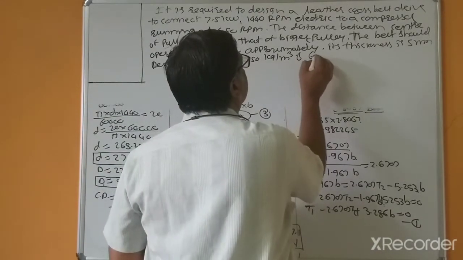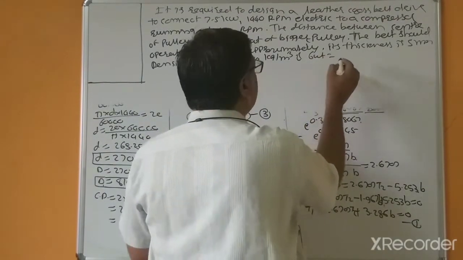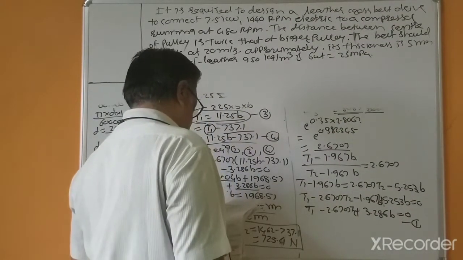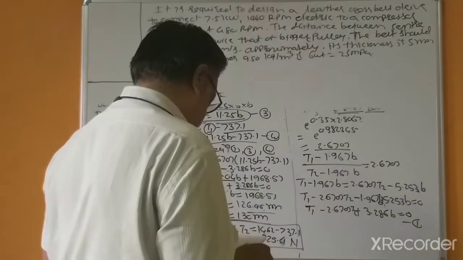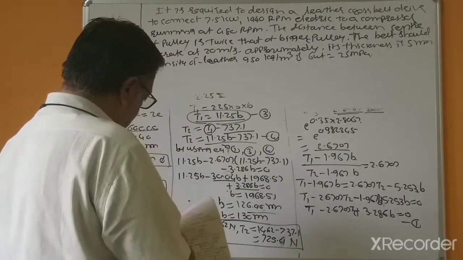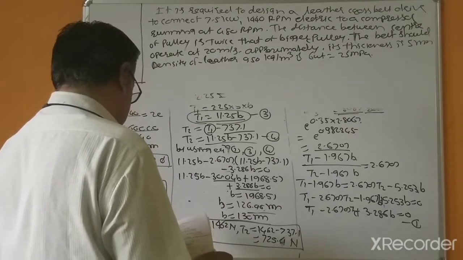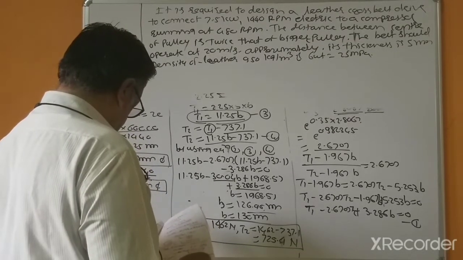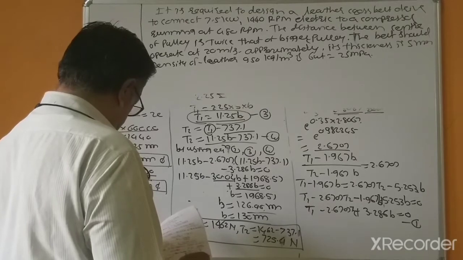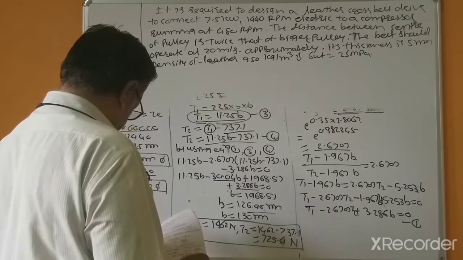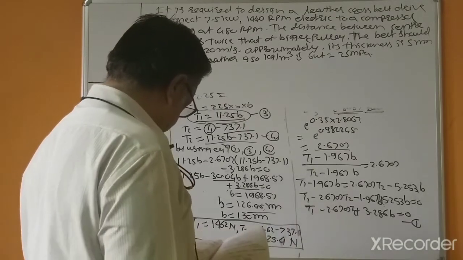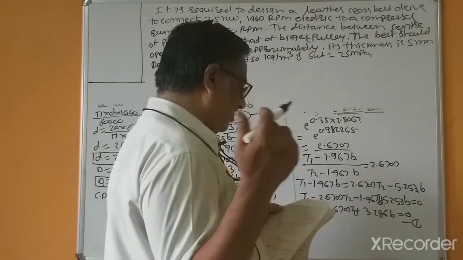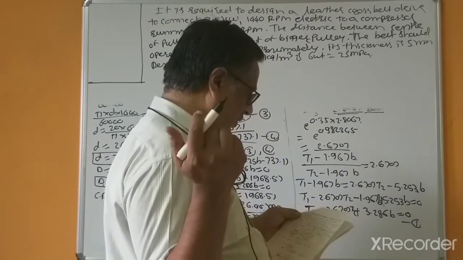And sigma ut is given as 25 megapascal. In the previous problems, this was given as 2.25 Newton per mm square.